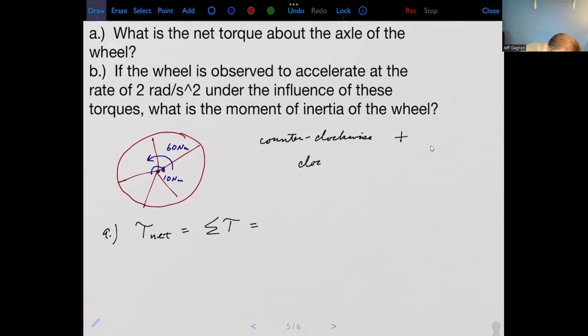And then clockwise is negative. So the net torque is going to be the sum of the torques, which is a positive 60.